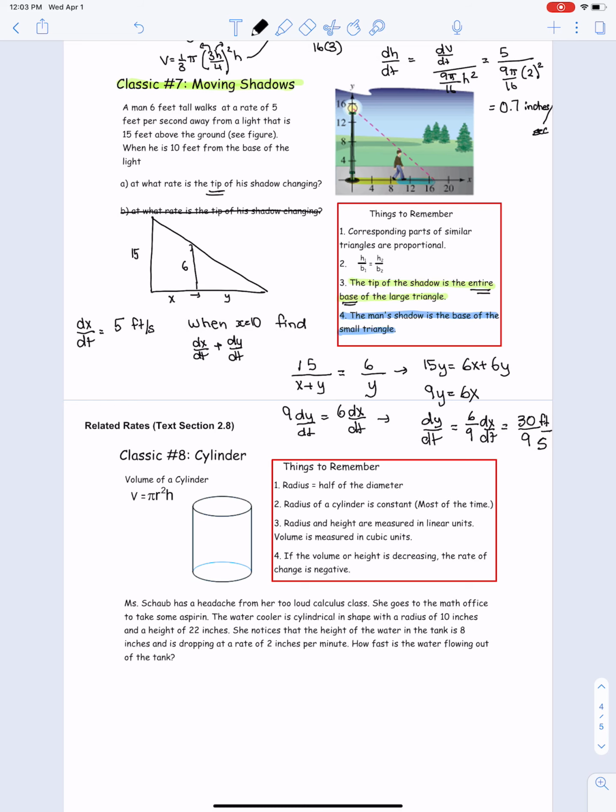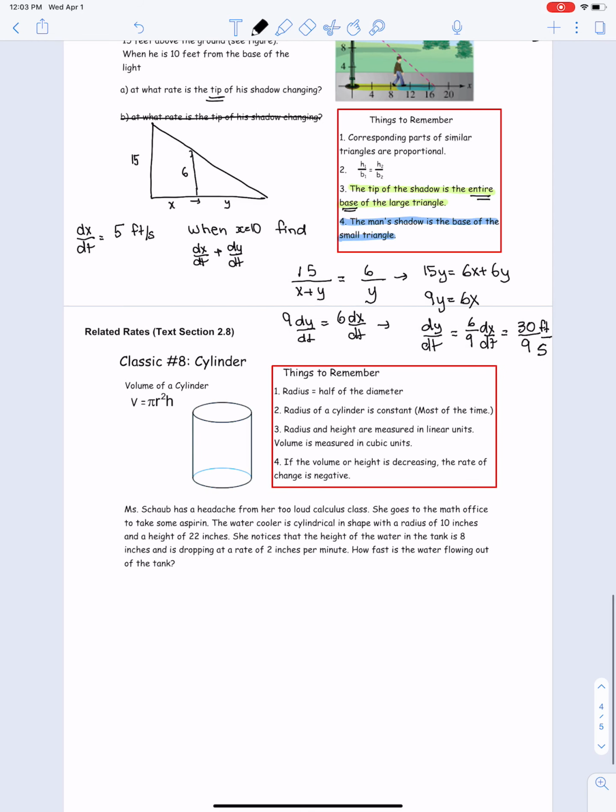Now I'm interested in how fast the tip of the shadow is changing, so I want to do dx/dt plus dy/dt. And that will give me the 5 feet per second for dx/dt plus the 30 over 9 that I just solved for.